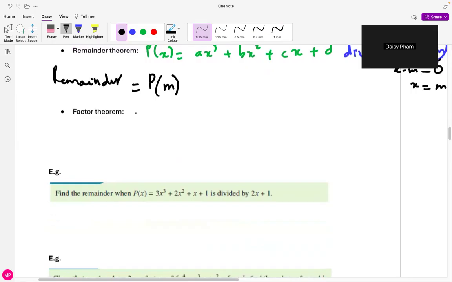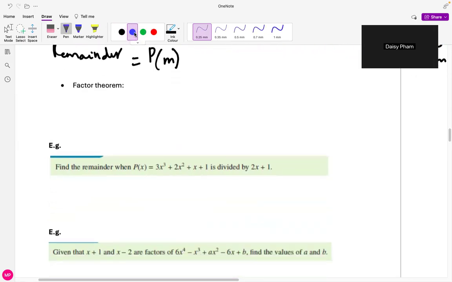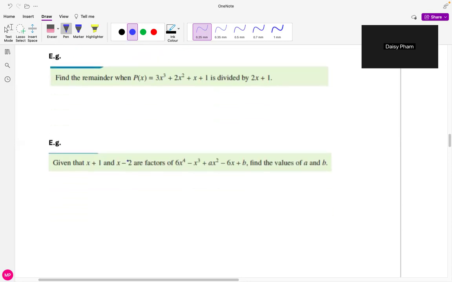Now, similar to that, the factor theorem is basically telling you that the remainder is 0. We're going to go over that here. So look at the example here. Find the remainder of this divided by 2x plus 1. If you make 2x plus 1 equal 0, you get x equal negative 1/2.